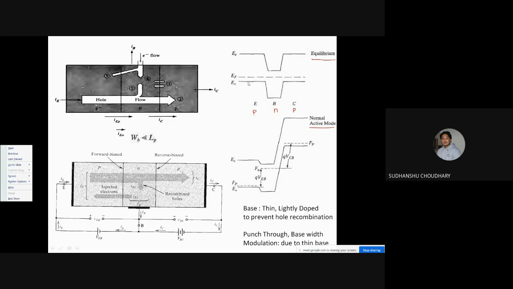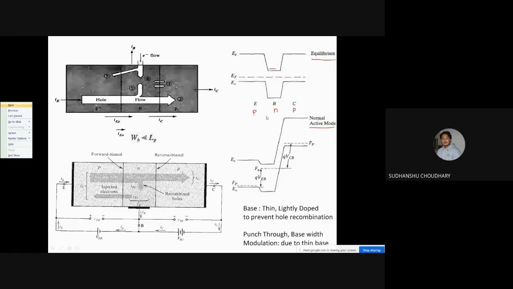Fermi level is close to the valence band, so the emitter is P type. In the base, the Fermi level is close to the conduction band, so it is N type material. Similarly, the Fermi level in the collector is again close to the valence band, so the collector material is P type. So this is in equilibrium.